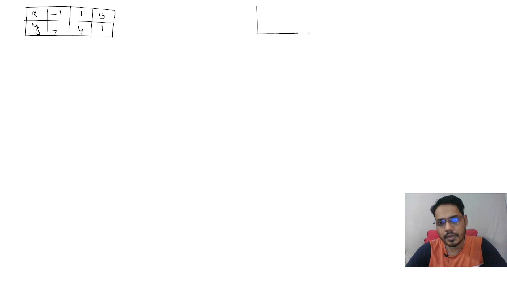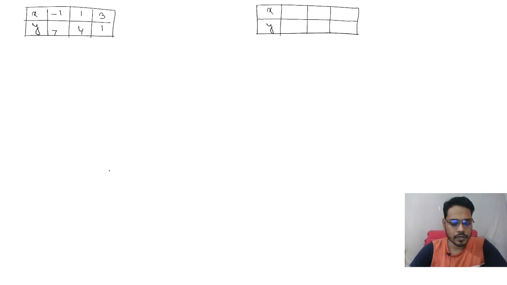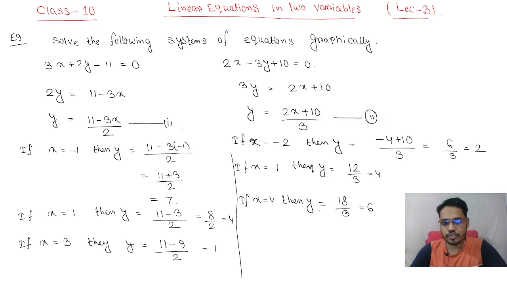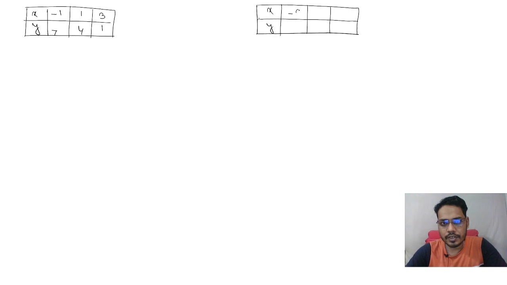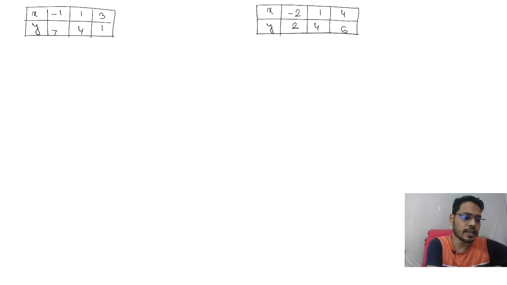And in the second table, x and y. If you check in the second table, x is minus 2, y is 2. If x is 1, y is 4. If x is 4, y is 6. These are the values.